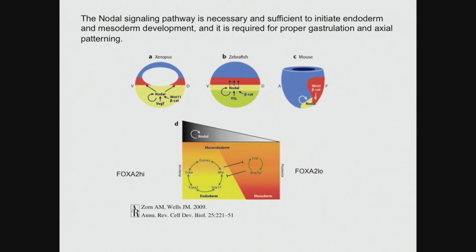And in all these model systems, nodal signaling interacts with Wnt beta-catenin. So the Wnt beta-catenin pathway is also very important in nodal signaling and endoderm induction.